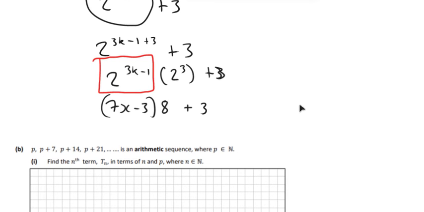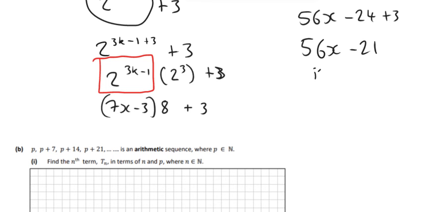So hopefully we should get something here. Let's multiply out the bracket. So 8 times 7x is 56x. 8 times minus 3 is minus 24, and we have plus 3. So 56x minus 24 plus 3 is minus 21.